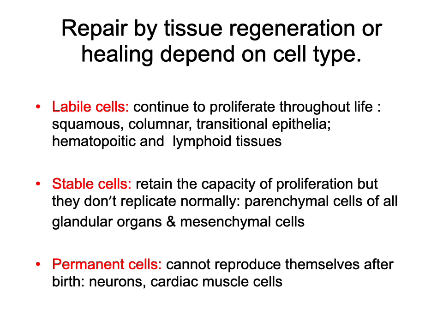We also have stable cells, and these are cells that do not continuously divide. Normally, unlike labile cells, there is no continuous turnover of cells. Like for example, in the skin, you have the stem cells in the stratum basale. They will mature to form the cells of the stratum spinosum and granulosum.